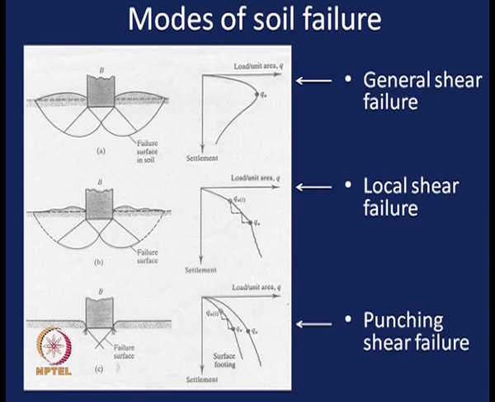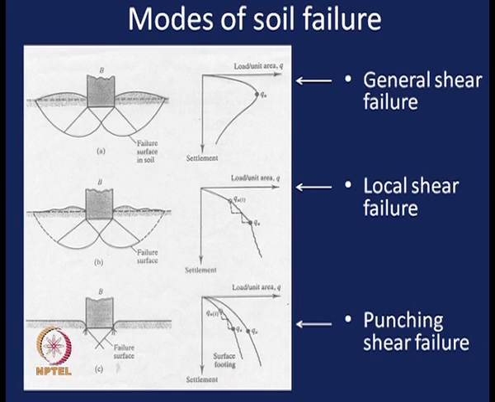Now, this is the typical load versus settlement plot for general shear failure. Here we can see that as load increases, the settlement also increases, and after a certain point, as the settlement increases, the load decreases.